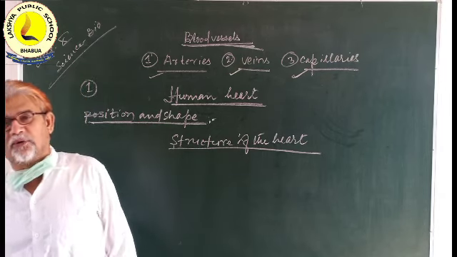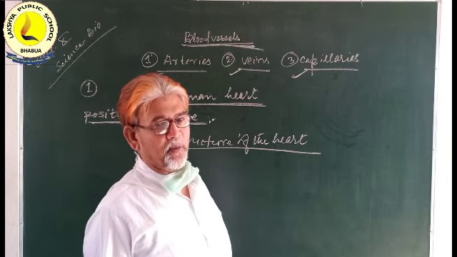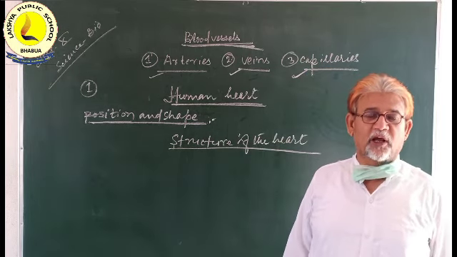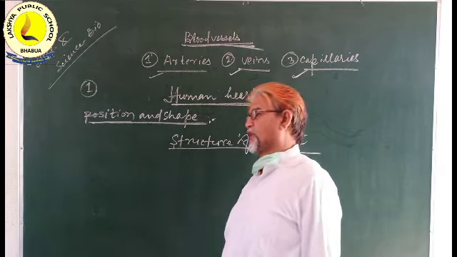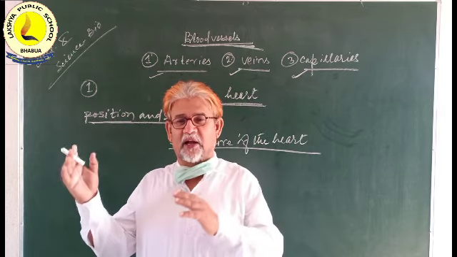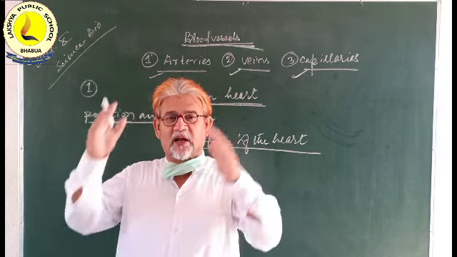I would like to show you internally that the human heart is divided into 4 chambers. Therefore, the heart is a 4-chambered structure, with a right side and a left side.